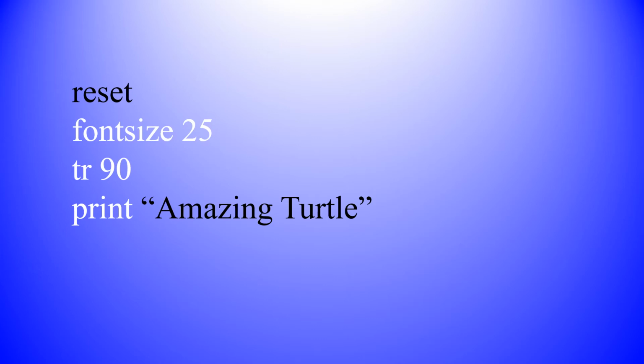TR90. The TR90 command turns the turtle 90 degrees towards the right. In this case, the turtle will write the text vertically on the canvas. Next, print command. If you want to print text, it should be entered using double quotes. Here, amazing turtle will be entered using double quotes.